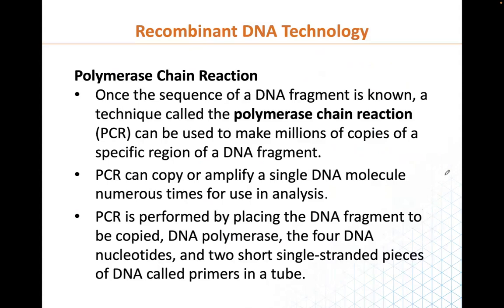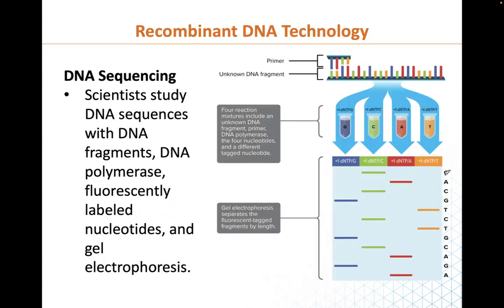Now, polymerase chain reaction is called PCR. Once the sequence of the DNA fragment is completely done, a technique called PCR is used to make millions of copies of a specific region of a DNA fragment. That specific region is very short, right? You want to amplify it.